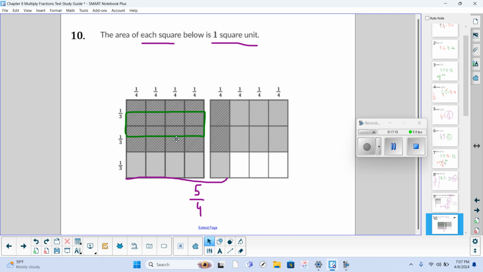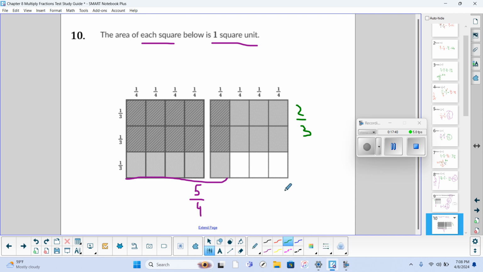So, right, 1/3, 2/3, 3/3. So how many of the thirds are shaded? Well, 1/3 plus another third is 2/3. So this way we have 2/3 shaded. So the answer to our question of what is shaded in this particular case would be 5/4 times 2/3.